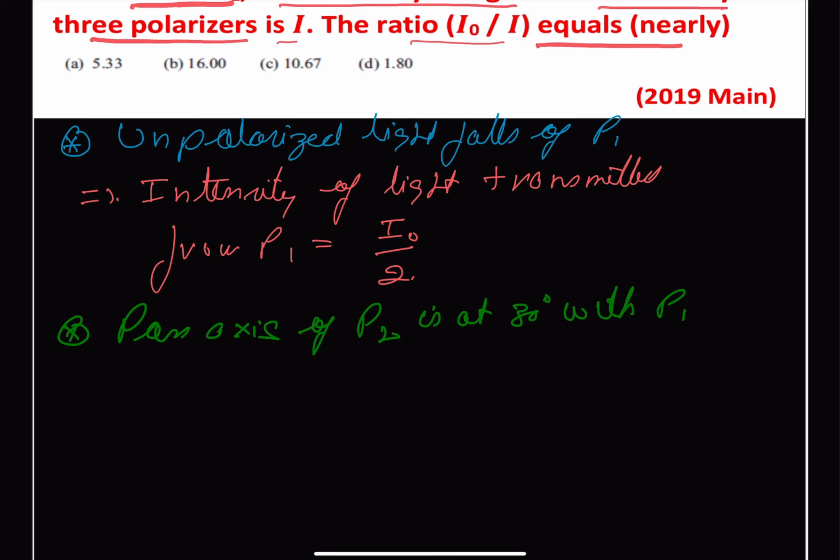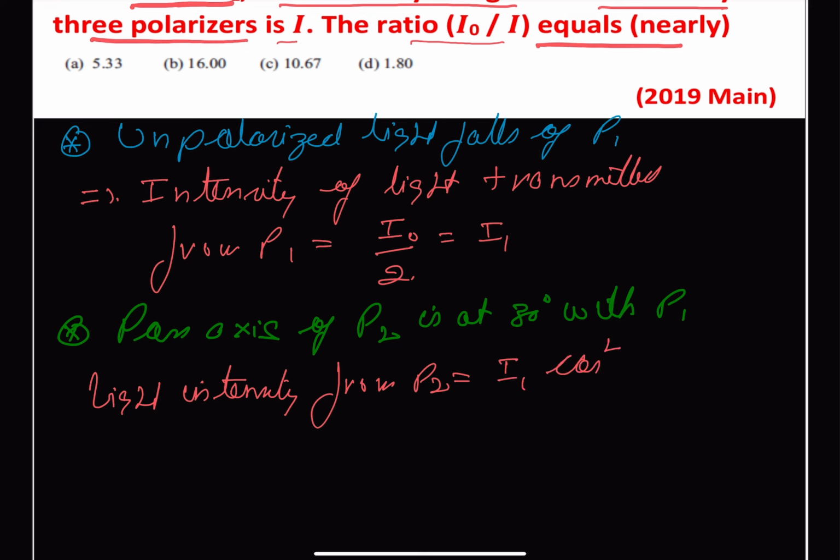So the light intensity from P2, from P1 let us suppose we call this I1, will be equal to I1 cos square of theta.